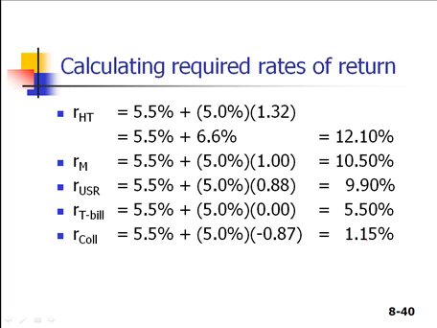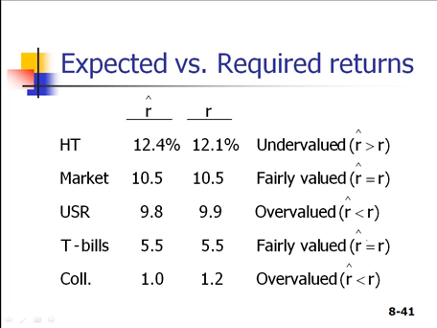Okay, so we've used the CAPM security market line to determine the required rates of return on each of these investments. Now what I want to do is briefly look at the difference between the expected return and the required return, because they're not quite the same. Not always. They're not quite the same concept.